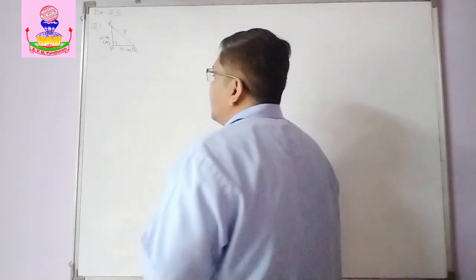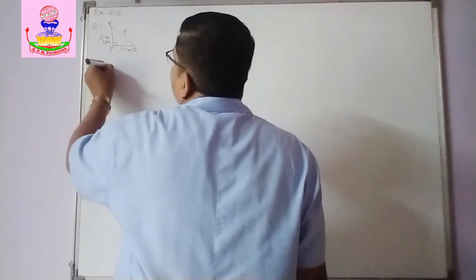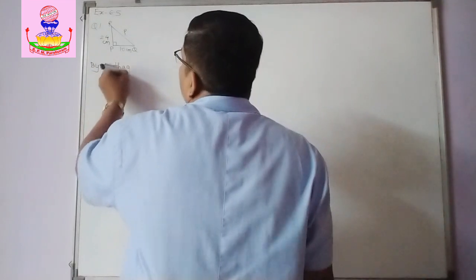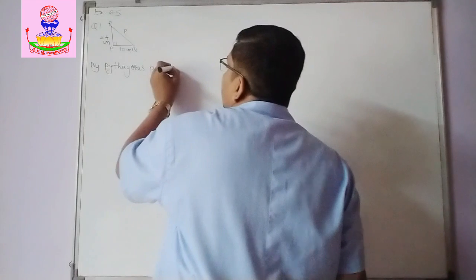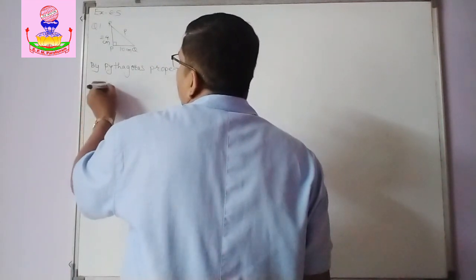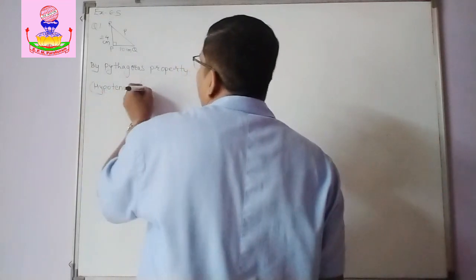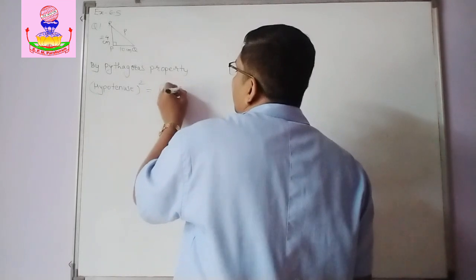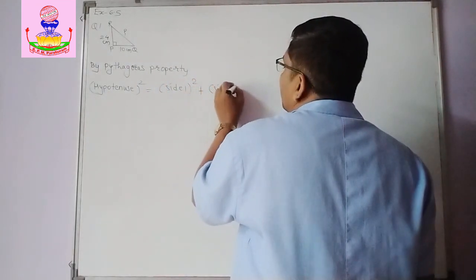By Pythagoras property, hypotenuse square is equal to side 1 square plus side 2 square.